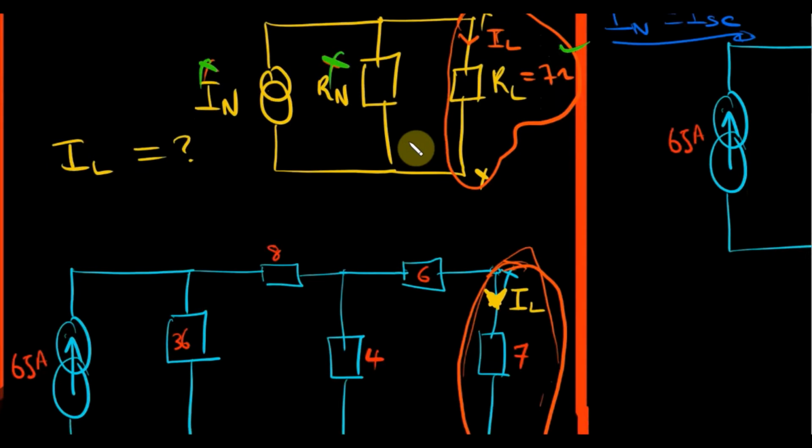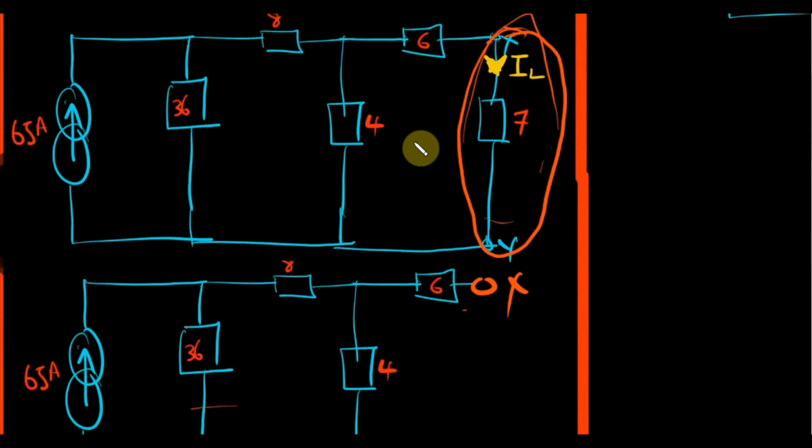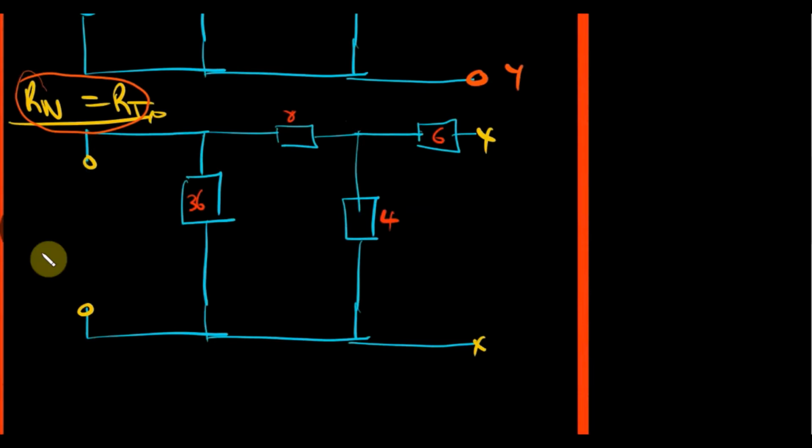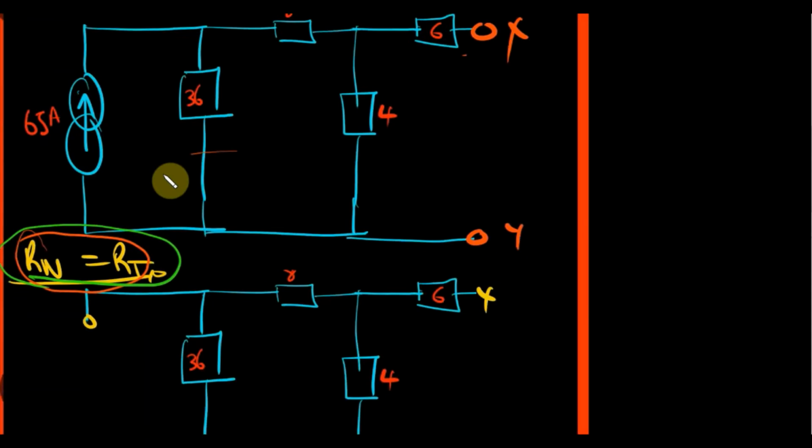How do we do that? Well, we'll show you just now. If you want to find the Norton resistance, it's the same approach as you would for your Thevenin resistance. And heads up, your Norton resistance is actually the same as your Thevenin resistance. So if you have a current source, what do you do?